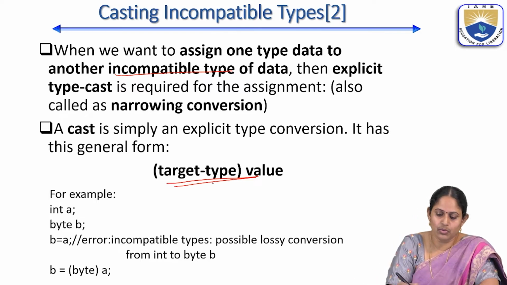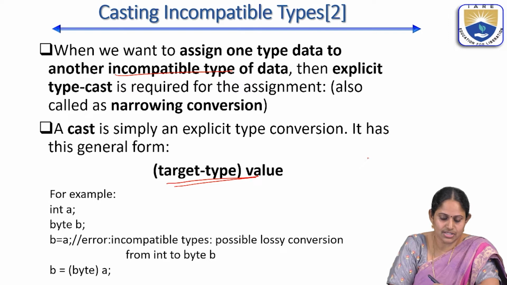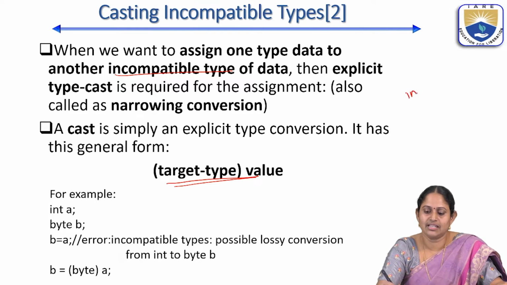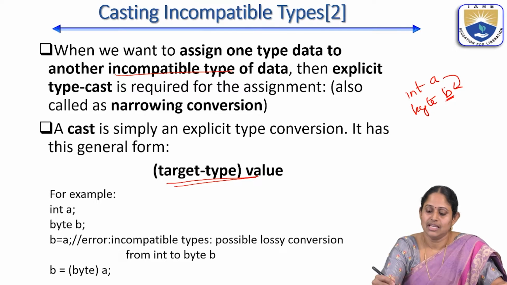If we want to convert an integer into byte, we have an integer variable a and a byte variable b.